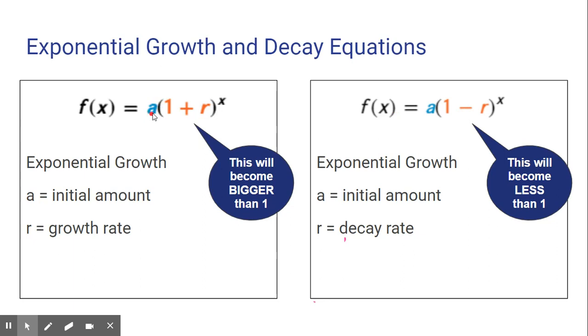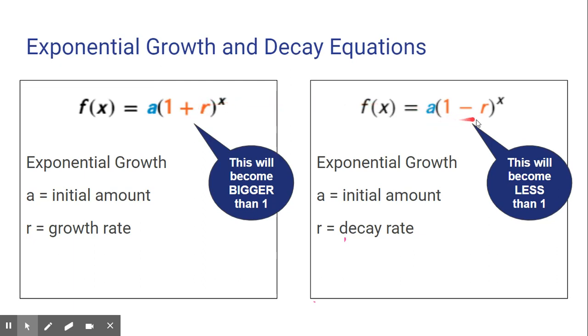In order for something to grow or decay exponentially, it has to start somewhere. So the a value represents that initial amount. This r value here is the rate at which it's growing. So if we are growing by maybe 50% each time, this rate would represent that 50%.